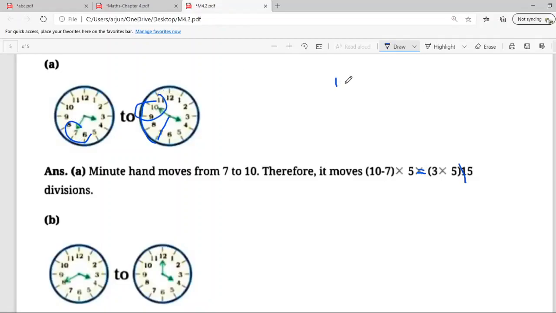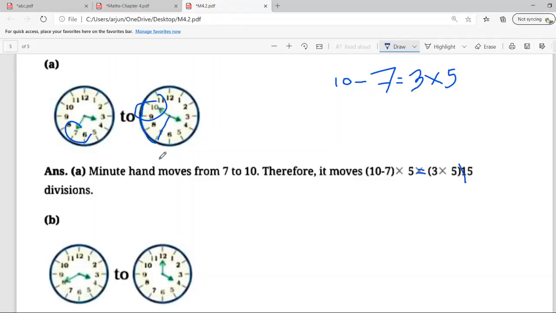So 10 minus 7, calculate it. Yes, 10 minus 7 is 3, right? In this type of question, you just take the difference and multiply it by 5. So you will get 3 into 5, which is 15.